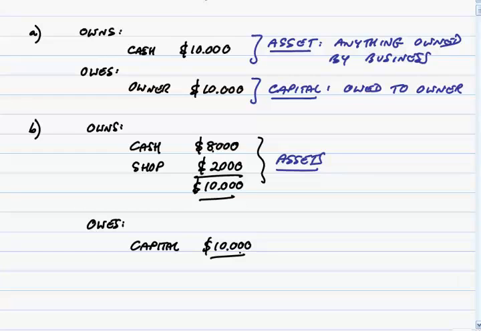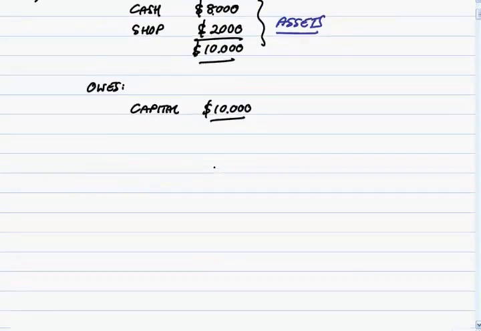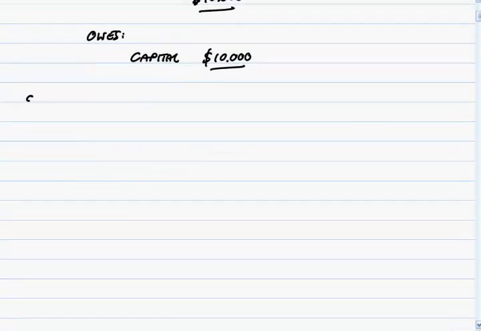Let's do a few more and then you can do one or two. C. The business now buys goods for resale for 1,000. Now, goods for resale, maybe our shop is buying and selling CDs. Well, if we buy any CDs, again, they're goods for resale.